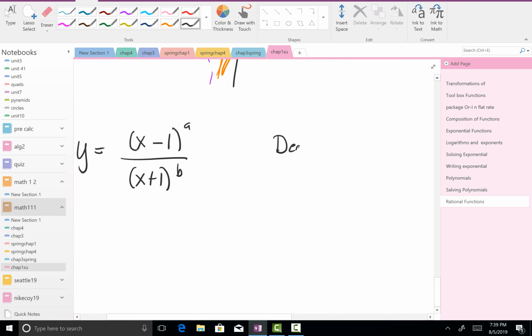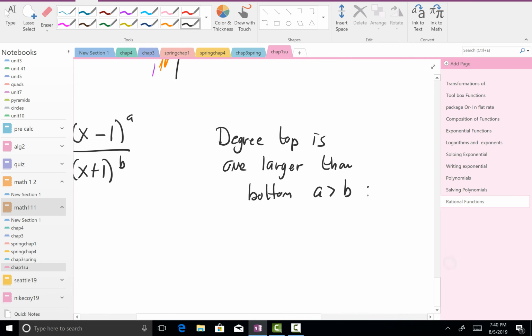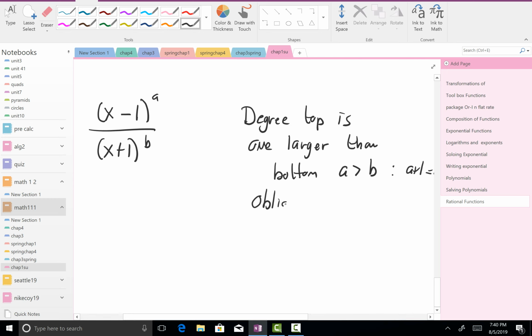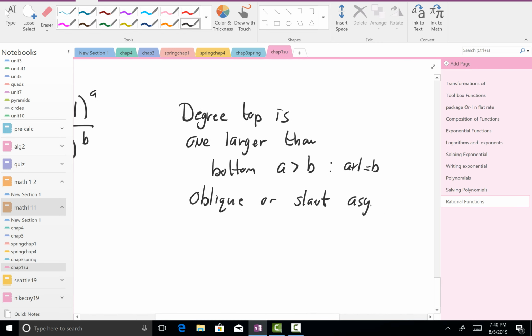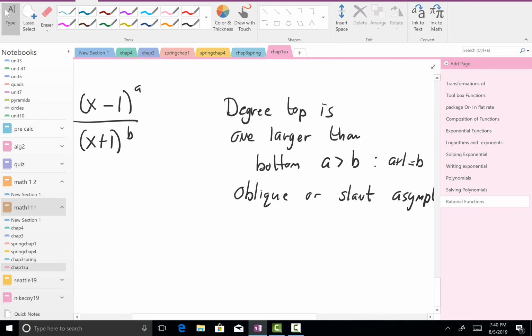If the degree on the top is 1 larger than the bottom, such that A plus 1 is equal to B, we're going to have what we call an oblique or slant asymptote.